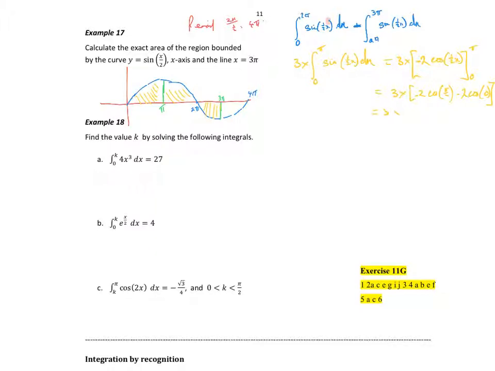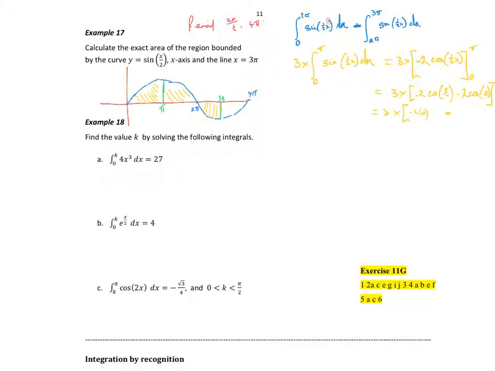Well, cos of 90 degrees is 0, so we can see 3 times, in bracket, negative 2 times 0.